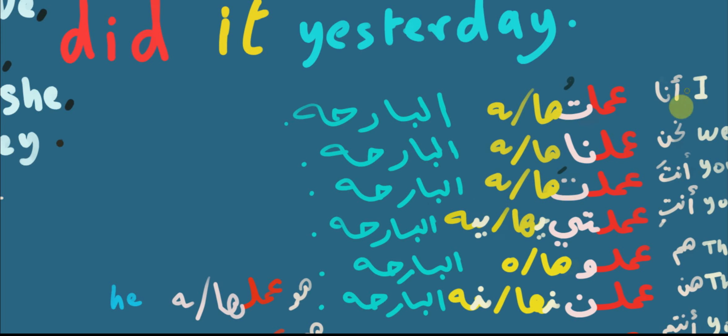This o here with the first person, this short vowel with the second person masculine. عملتها البارحة. أنتِ, notice this short vowel here, I, أنتِ. When this is separate, you don't emphasize it with an E like this, just this short vowel E, أنتِ. عملتيها, notice this E here. This E is taken out and you connect this E here when you indicate it did it, if you want to say it.